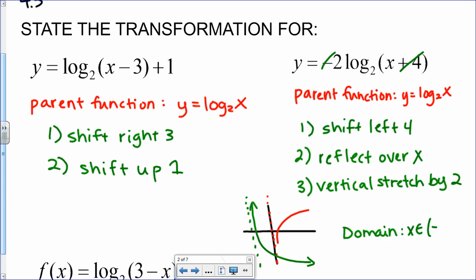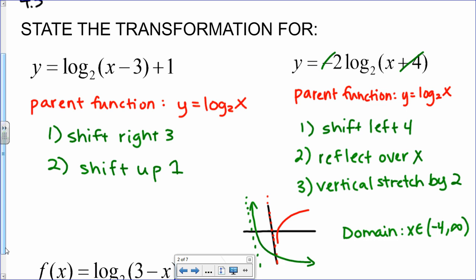So -4 to positive infinity is my domain. So when I move my asymptote, that's going to affect the domain. The reflection over x, that did not change my domain. Okay, reflecting over x didn't make a difference there.